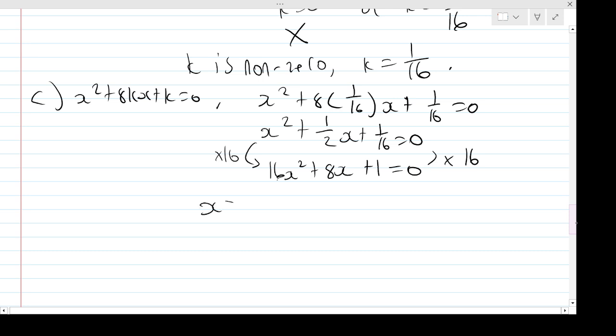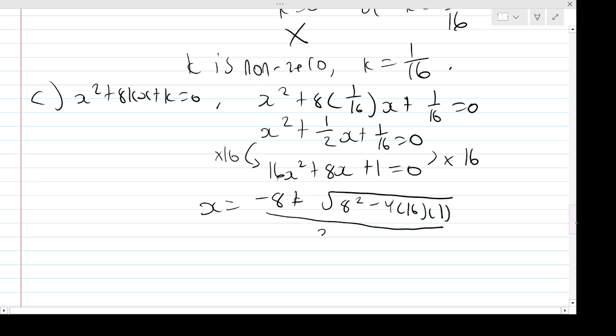So then x is minus 8 plus or minus the square root of b squared, which should be 8 squared, minus 4 lots of 16, lots of 1, all over 2 lots of 16, right? Which will get me the solution. Now, actually, how many solutions are we expecting in this case? It should only be one, right? Because remember, we discussed there's only one distinct solution to the quadratic.